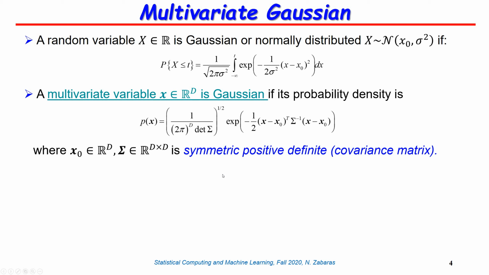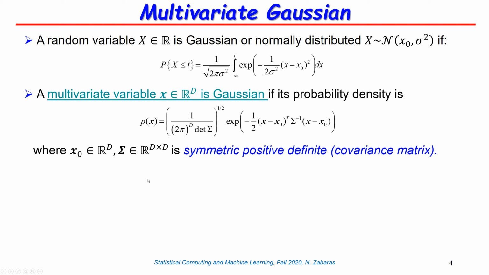I already mentioned in an earlier lecture that the fact that sigma is symmetric has a lot of implications. If x is a very high dimensional random vector, so if d is very high, you would need d squared elements to define the matrix sigma, but if sigma is symmetric, we actually need d(d+1)/2 elements.